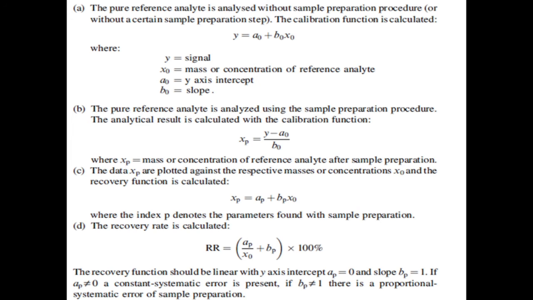Next, D, the recovery rate is calculated. Recovery rate is equal to (ap upon x0, that is mass or concentration of the reference analyte, plus bp, that is the slope parameter) into 100.